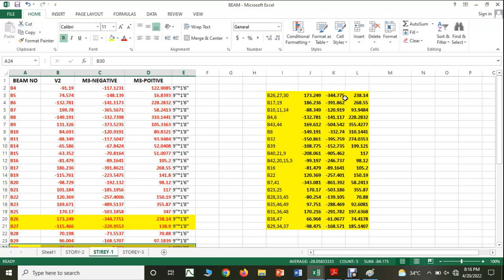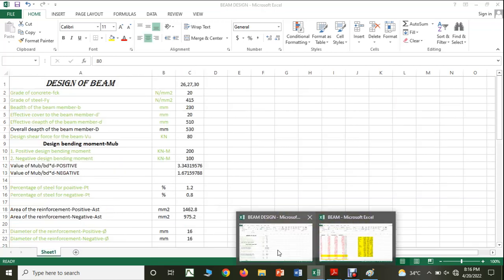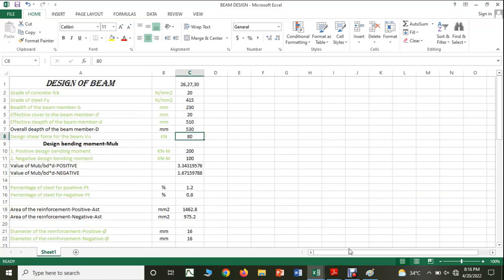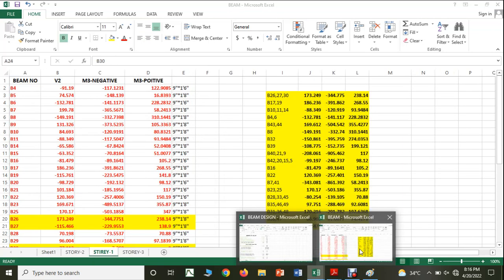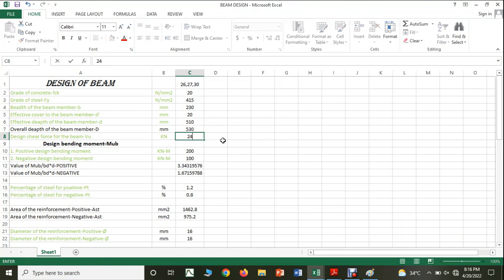And the shear force that you are going to have is 238.14, which is obviously in kilonewton. So I can make it as 240, the shear force in kilonewton.